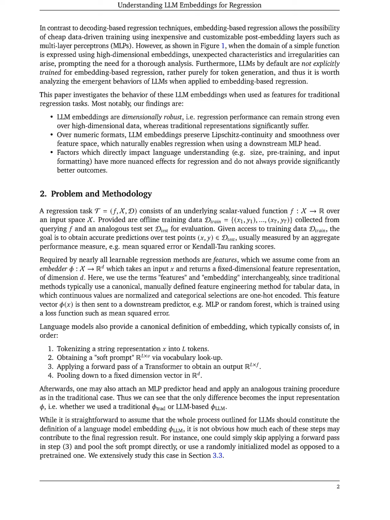The paper highlights that LLM embeddings maintain strong regression performance even with increased degrees of freedom, while traditional representations struggle. Additionally, it examines the emergent behaviors of LLM embeddings, such as their Lipschitz continuity and smoothness, which are crucial for effective regression modeling.